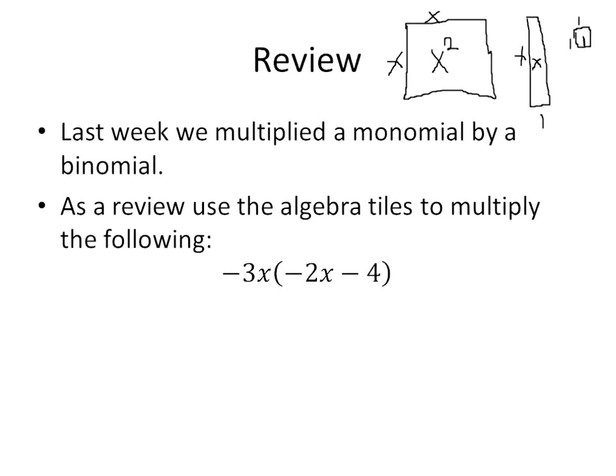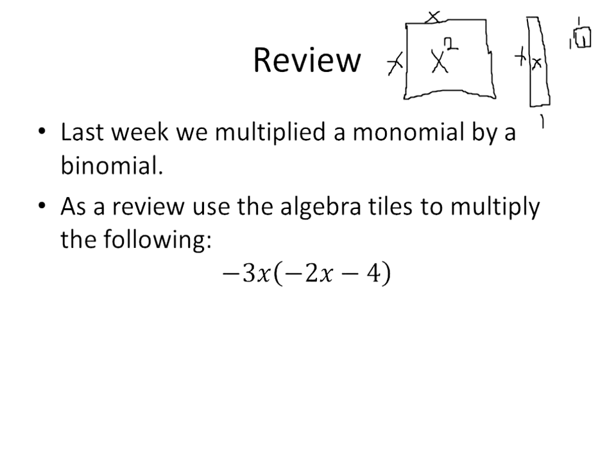When you build this, and I'm going to turn the camera on, so on the other end you can see what we're doing. So on this end, negative 3x on one side.